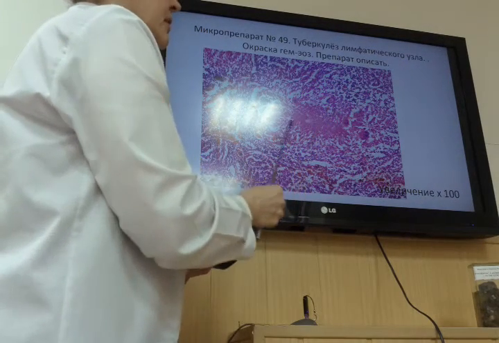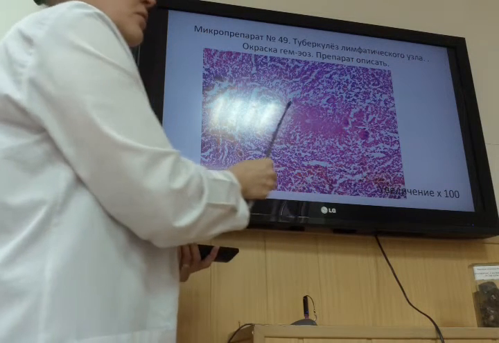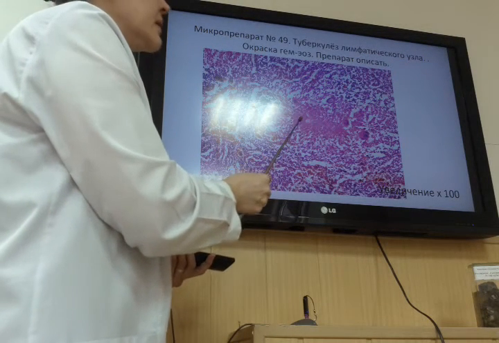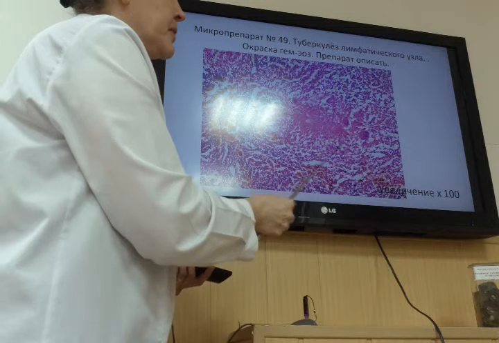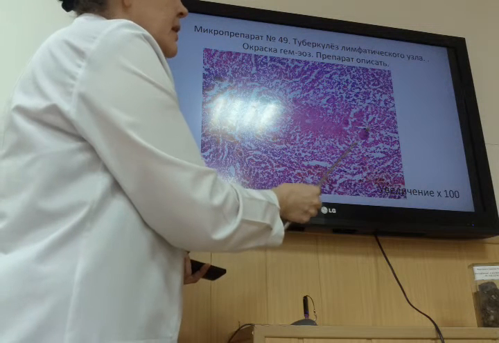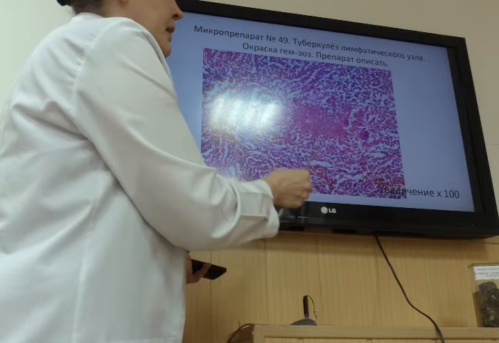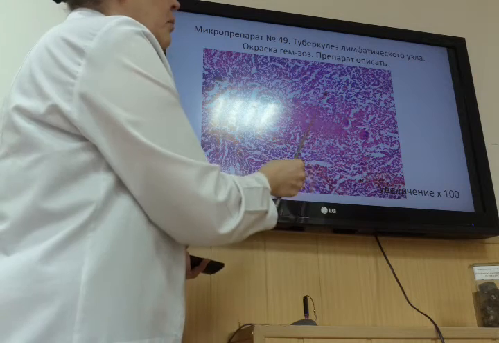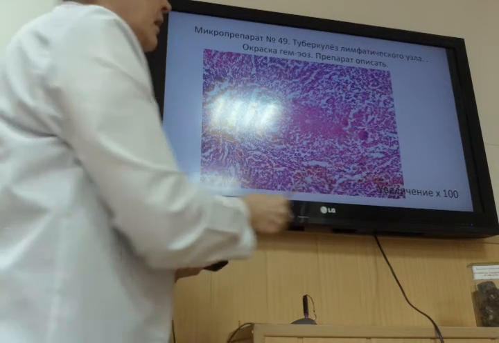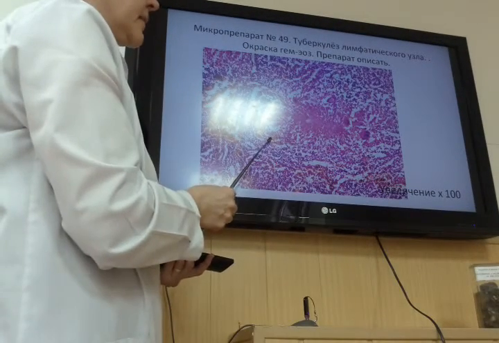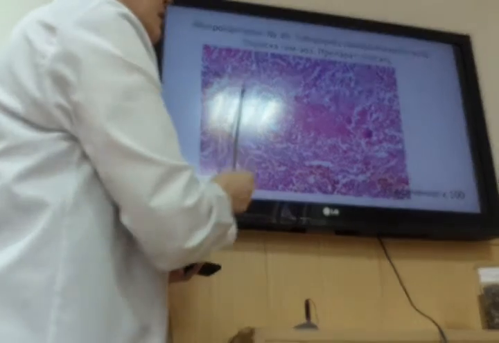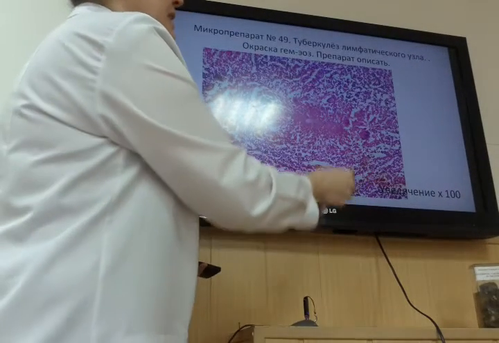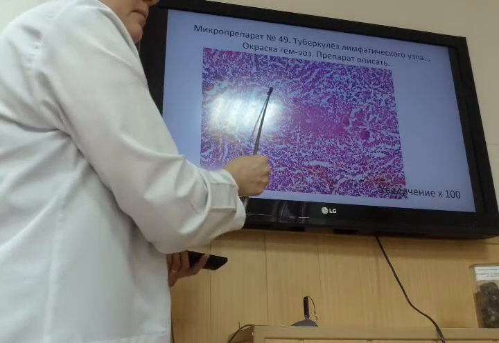In the center, there is a focus of caseous necrosis, and it's surrounded by epithelioid cells, single multinucleated giant cells, monocytes, macrophages, and lymphocytes. Blood vessels in between these cells are absent.